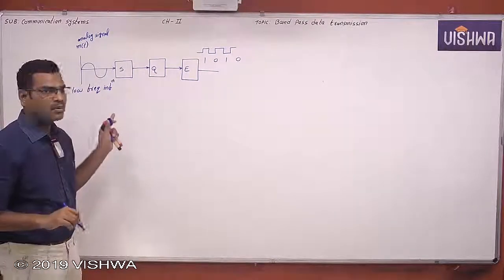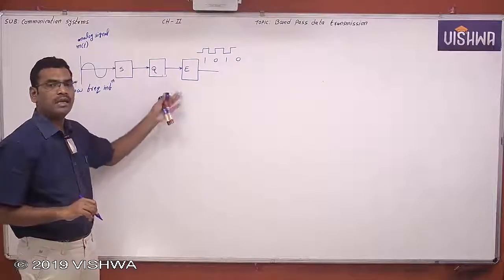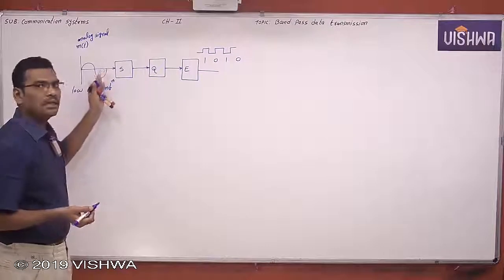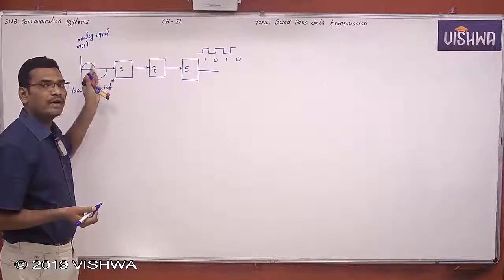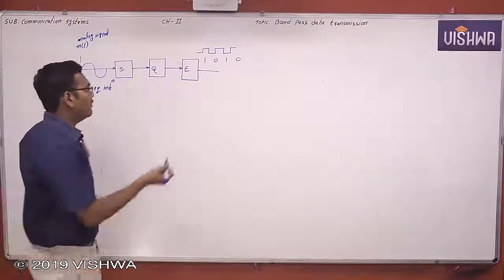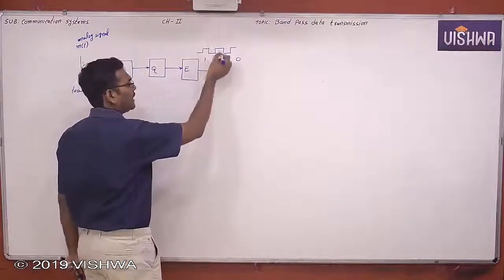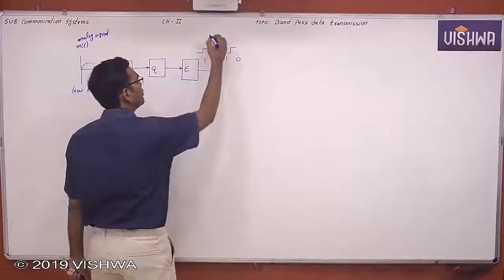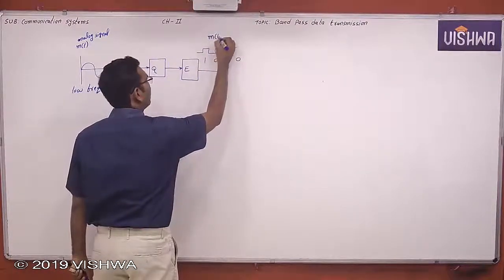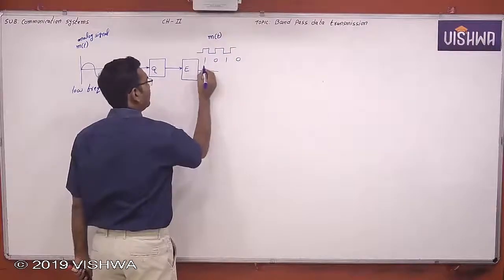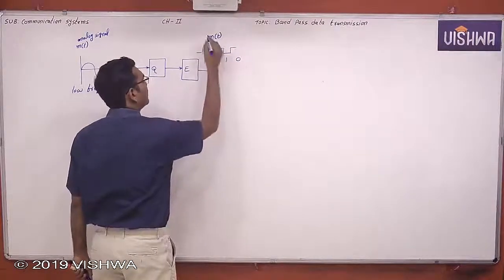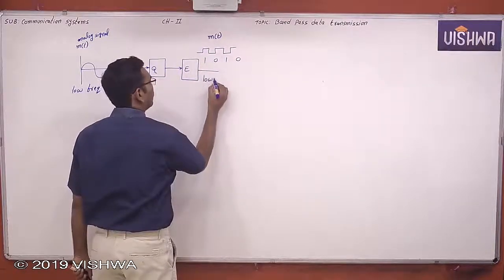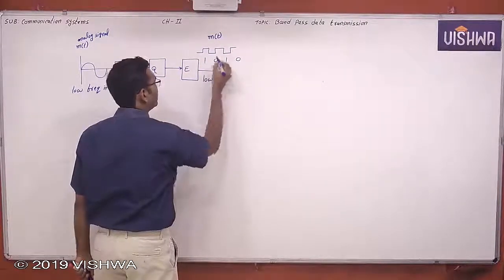With the process of sampling, quantization and encoding, this analog signal, continuous in amplitude and continuous in time, will be converted to binary data, a sequence of ones and zeros. But this is also a message signal in the form of bits, and it is also a low frequency signal, a low frequency information, but in terms of bits.